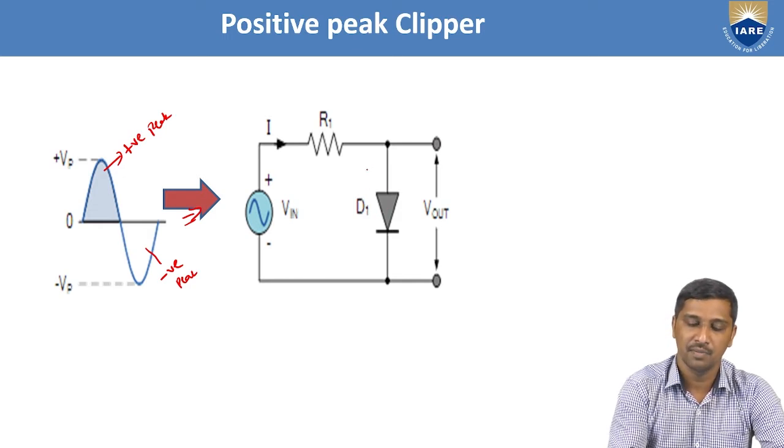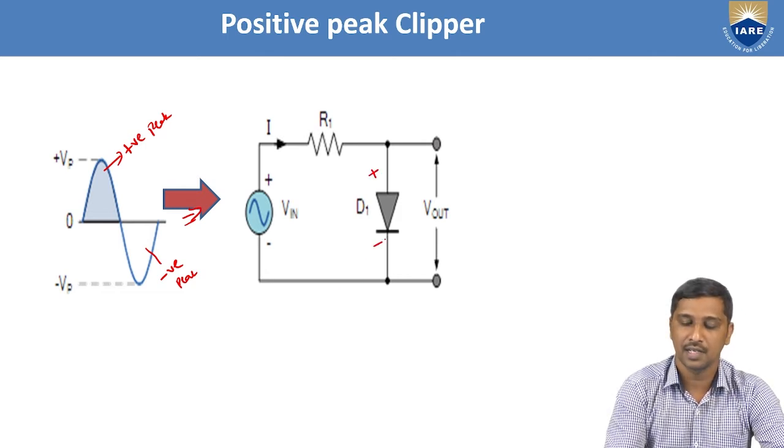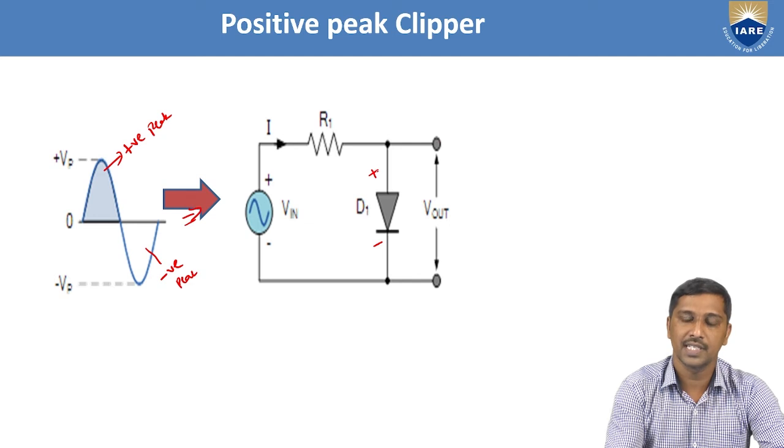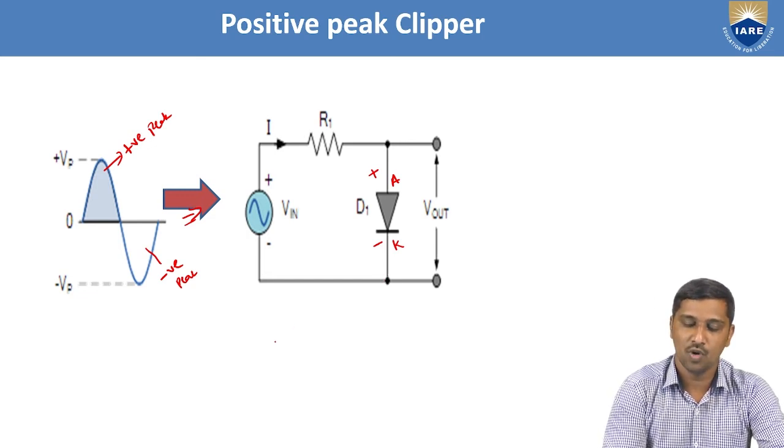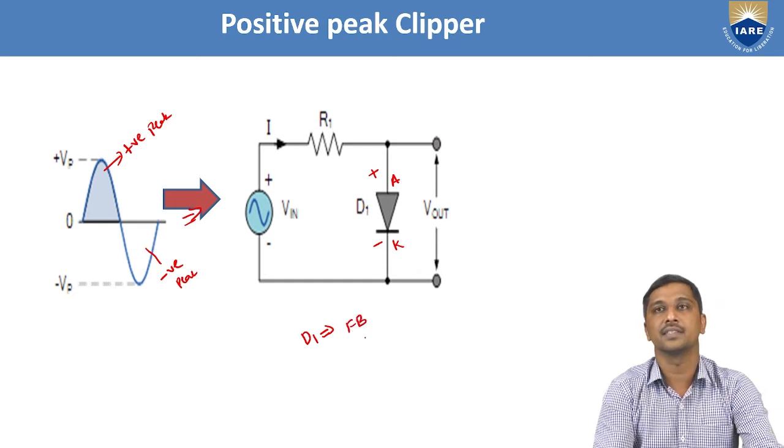The positive energy of the input signal is connected to the anode of the diode, and with respect to this anode, the negative energy is connected to the cathode. Hence, at this point, D1 becomes forward biased.